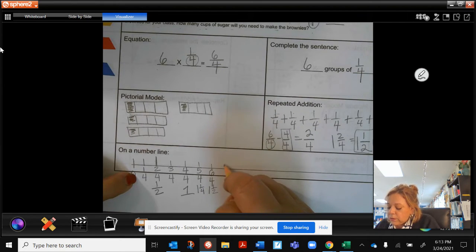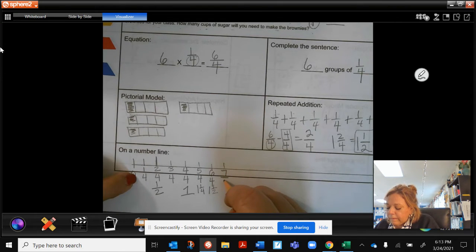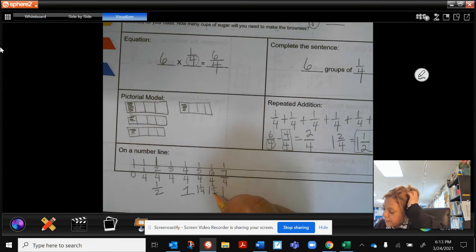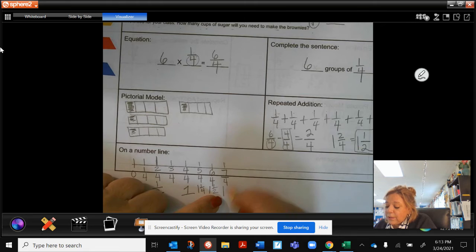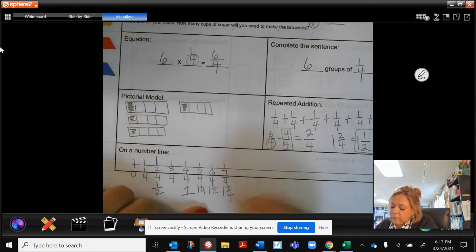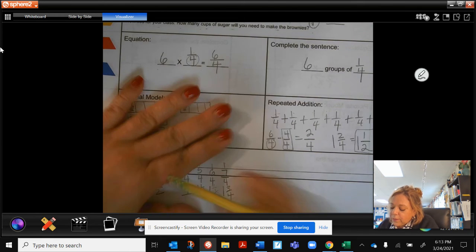And I'm just going to go up to 2. 7/4, and that my 1/2, I threw myself off for the quick. So this is going to be 1 and 3/4. So I'm actually, this is what I was thinking.